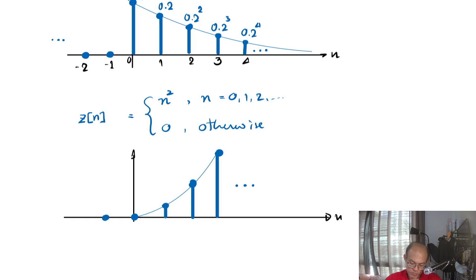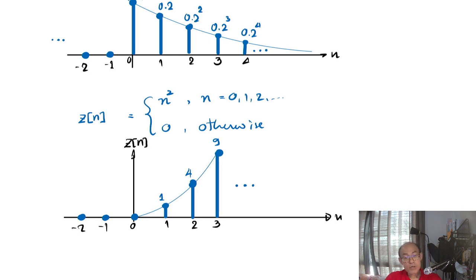And 0, we must not forget about zeros. So this is 1, this is 4, this is 9, and so on. This is z.